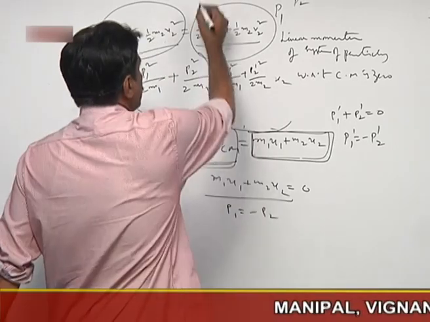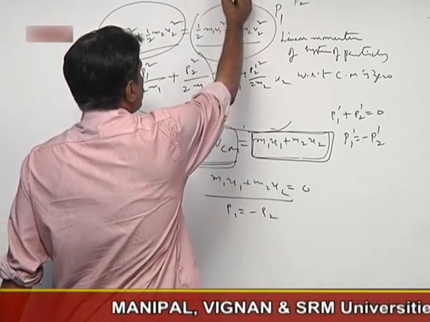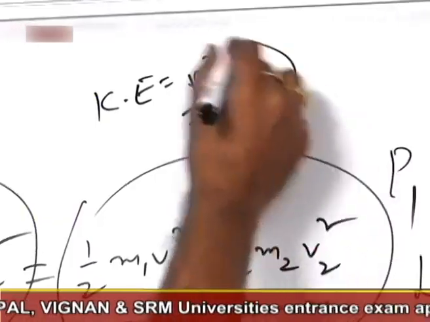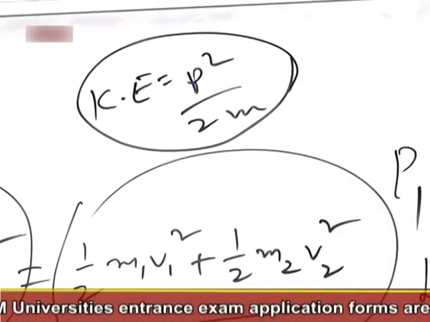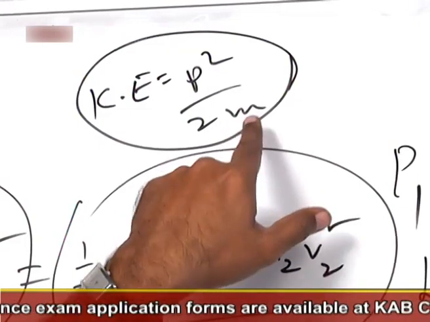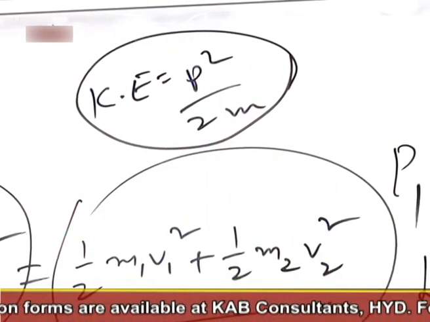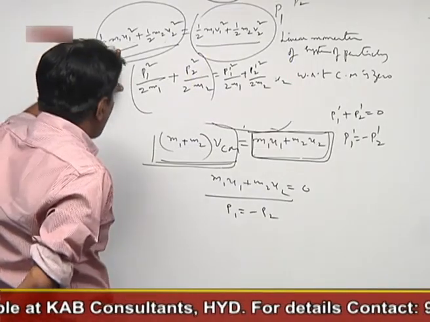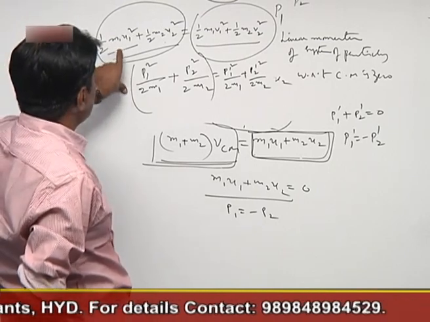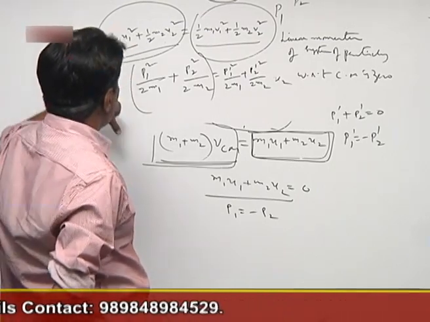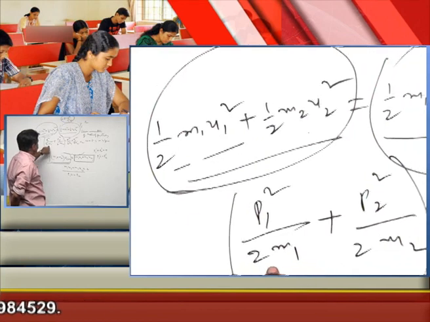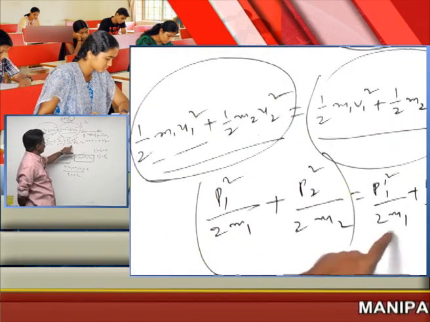KE of a body is always equal to P square by 2m. KE of any body is equal to its momentum square by twice its mass. So if you take the first particle, its kinetic energy is half m1 u1 square, so its KE must be equal to P1 square by 2m1. Similarly, P2 square by 2m2.